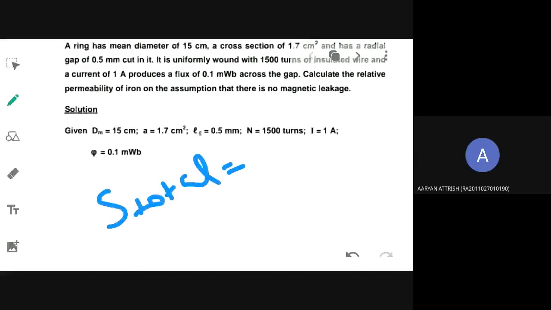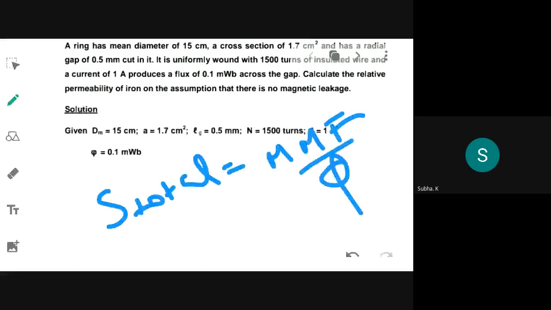Reluctance is equal to MMF divided by flux. Flux is given, but how can I find out MMF? What is the unit for MMF? Ampere turns. What is the formula? NI.